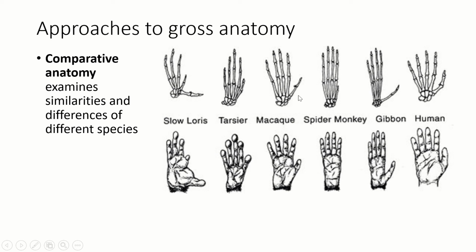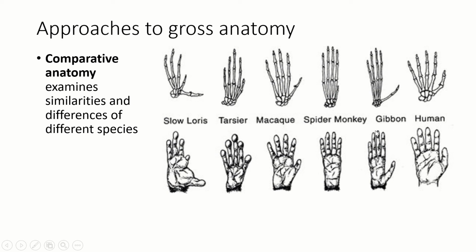So these are skeletal hands of all of these primates, and these are what their hands look like with all of the tissues on them. And you can see that all of these hands look really similar to the human hand, even though once they've got the skin on them, they look different, although the macaque hand looks very similar to the human hand.